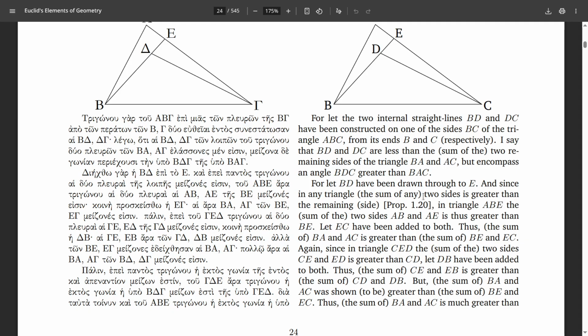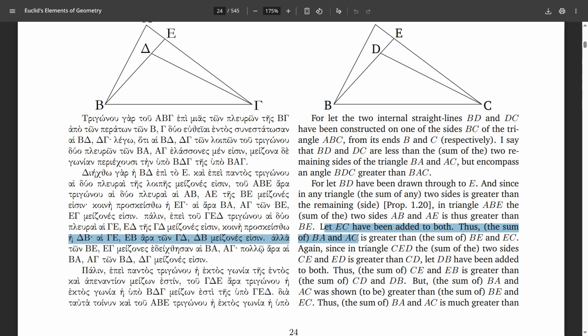Where are we at? Yeah, and then we're here. Let EC have been added to both. EC, okay, this length. The sum of BA and AC is greater than the sum of BE and EC.